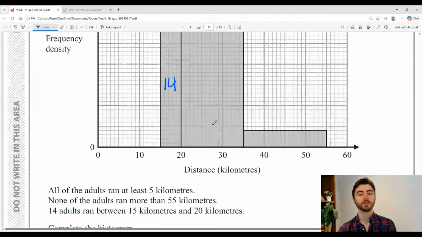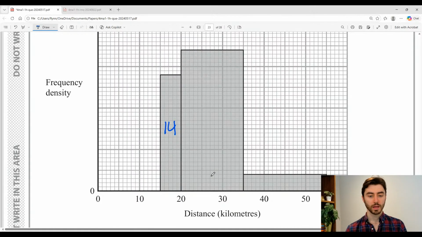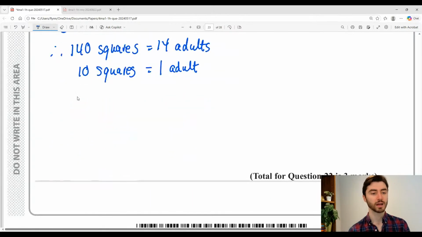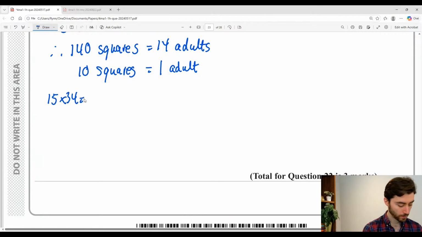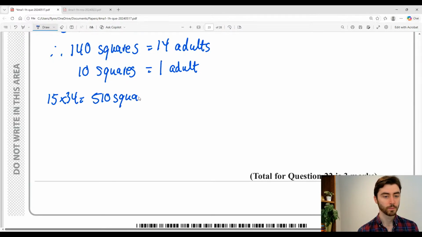Okay, so then this one is 5, 10, 15 squares across and 10, 20, 30, 34 squares high. So 15 times 34 is 510 squares, which must be 51 adults.